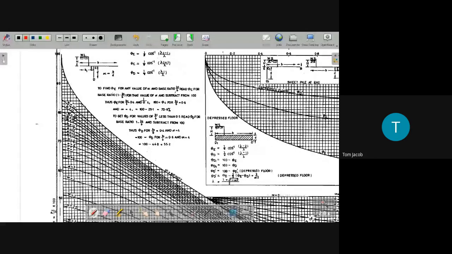When B1 by B is less than 0.5, read phi D for base ratio 1 minus B1 by B, that is, take the 1 minus B1 by B value, read phi D and subtract it from 100.